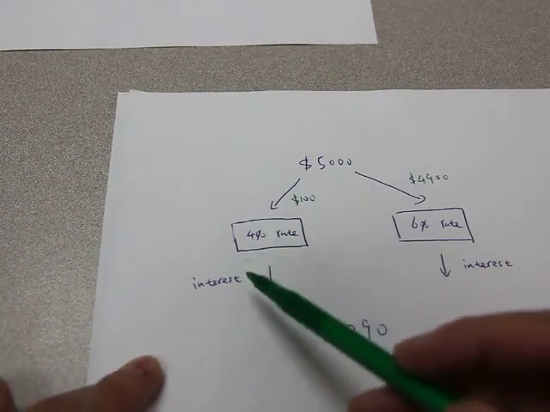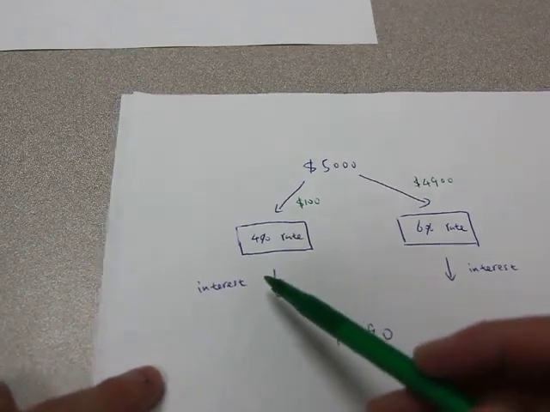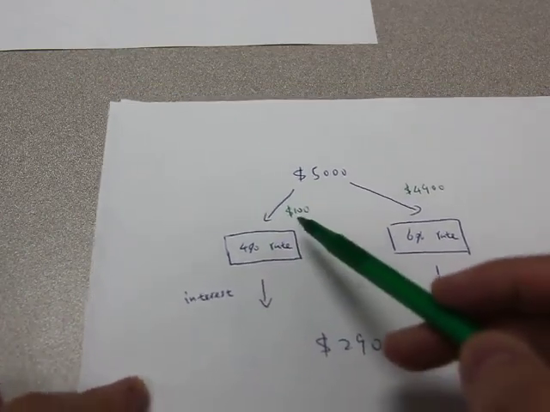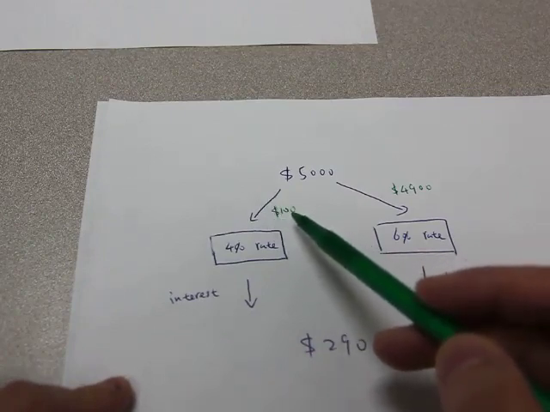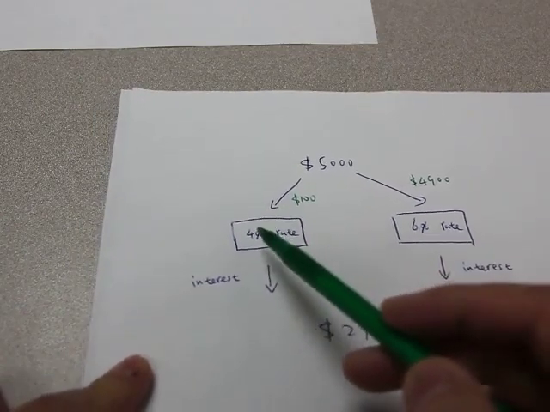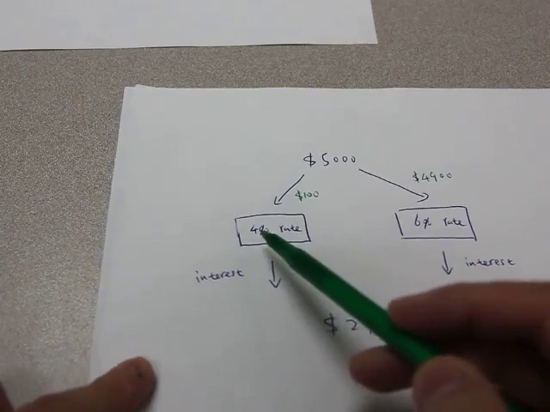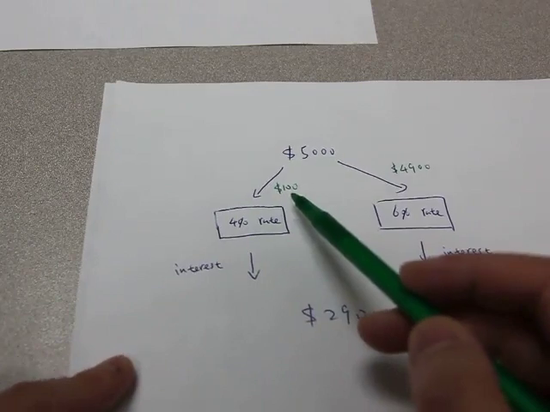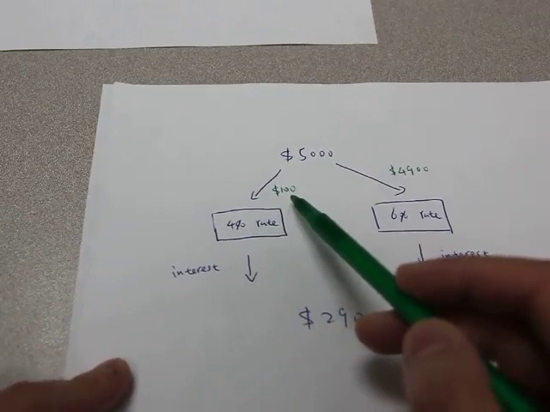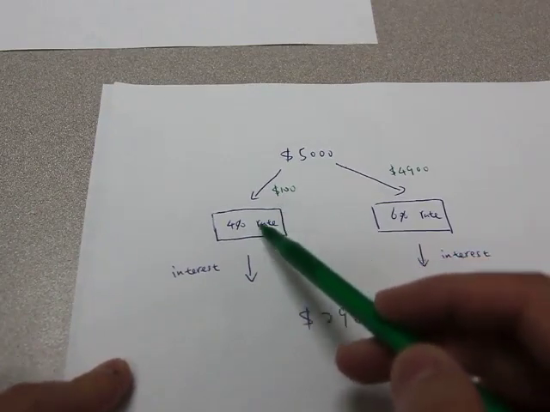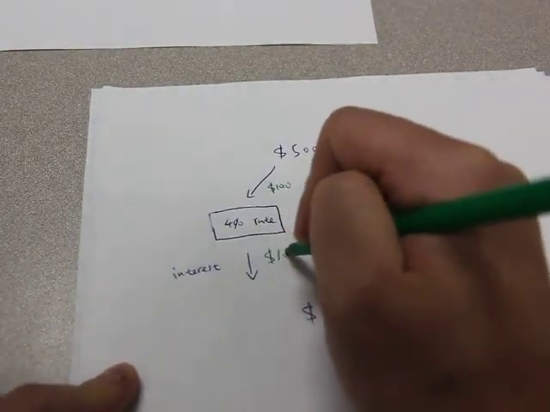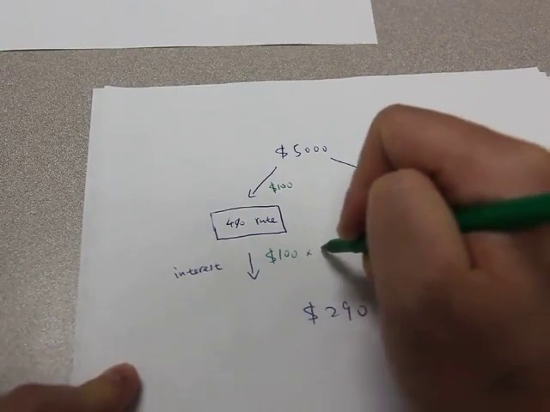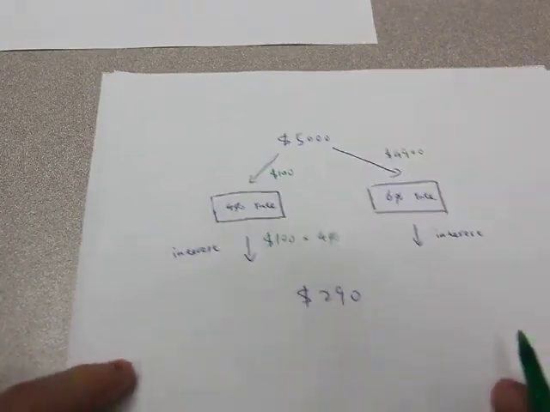And then how to calculate the interest? To find out the interest, we just use the amount of money you invested and multiply by this interest rate. Like in this example, if you invested $100 here, after 1 year, you will receive 100 multiplied by 4%.